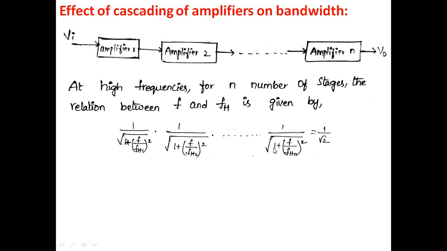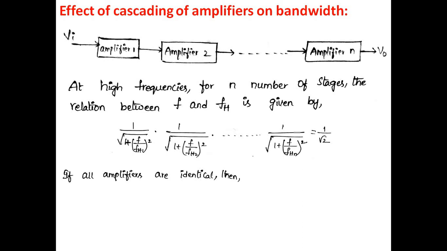You assume that all the stages are identical. Whenever all the stages are identical, we can write the same formula, 1 by square root of 1 plus f by fh whole square, for each stage up to the nth stage, which is equal to 1 by root 2.